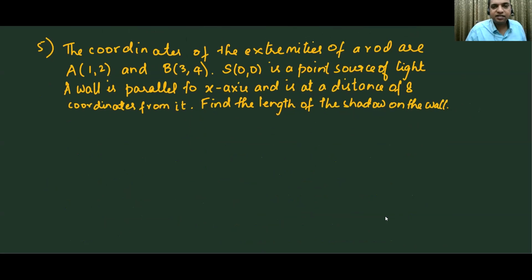So again, it is a simple question, but just because the concept of light is introduced, it appears to be, oh, what is this? Anybody, how can you do this?